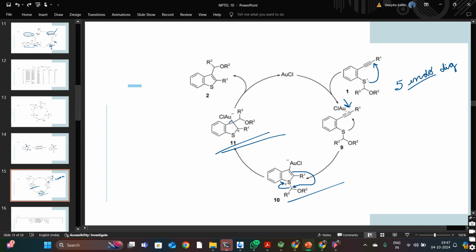Sorry, this bond you can show in this way, that your gold catalyst is going to leave and we get the aromatized product where this alkyl chain has shifted. Okay, so this is how we are going to get the product.